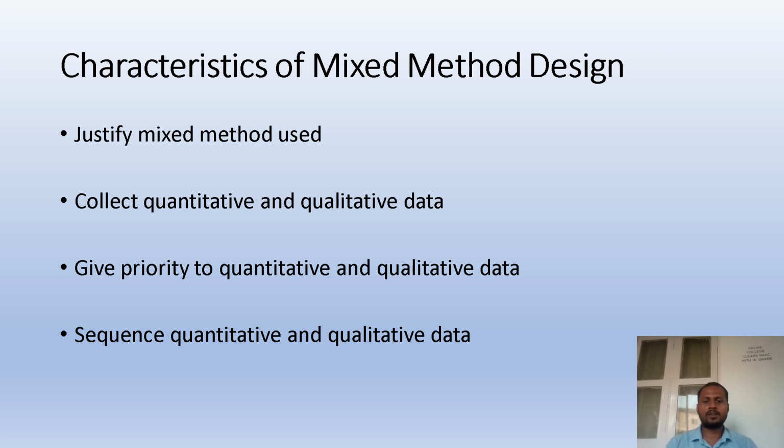Give priority to quantitative and qualitative data. According to your objectives and according to the need of your study, as I mentioned earlier, why quantitative data and qualitative data are measured. Just like that, on the basis of your priority, importance or objectives, you give priority to your quantitative and qualitative data.